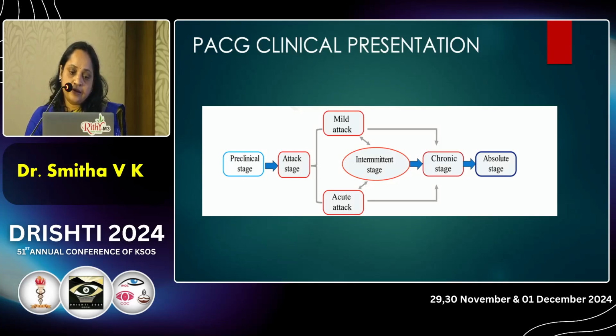This can reverse to an intermittent stage, when the angles can open and IOP gets controlled. If the angle keeps on closing, it can go to a chronic stage, where there is increased IOP and glaucomatous damage. In the absolute stage, there is refractory eye pain with glaucomatous optic atrophy.